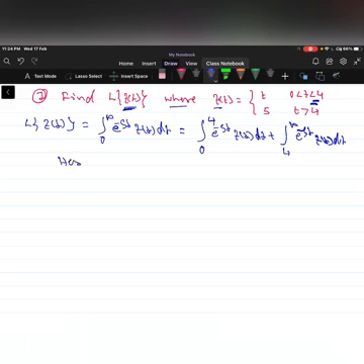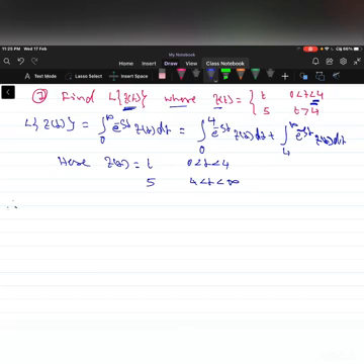Here f of t is equal to t for the interval 0 less than t less than 4, and f of t is equal to 5 for the interval 4 less than t less than infinity.